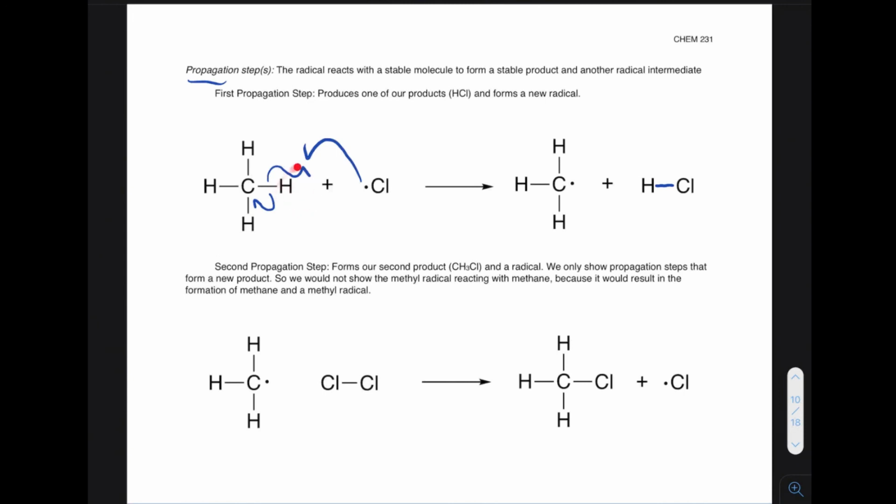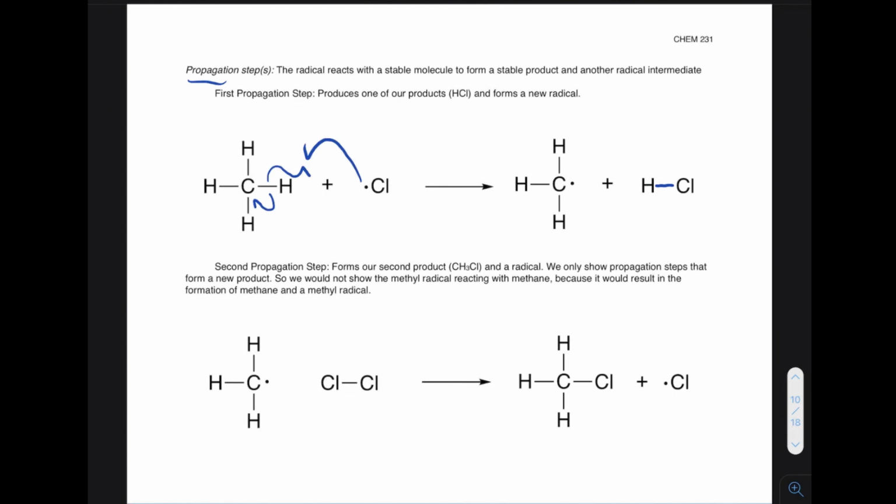Formed between the hydrogen here and the chlorine radical. And there's no longer any radicals left because one electron from hydrogen, one electron from chlorine, we make our covalent bond, but now we have a methyl radical, right? So this is ready to propagate, to continue to react. And so, for the second propagation step, okay, we end up with our final product, that chloromethane.